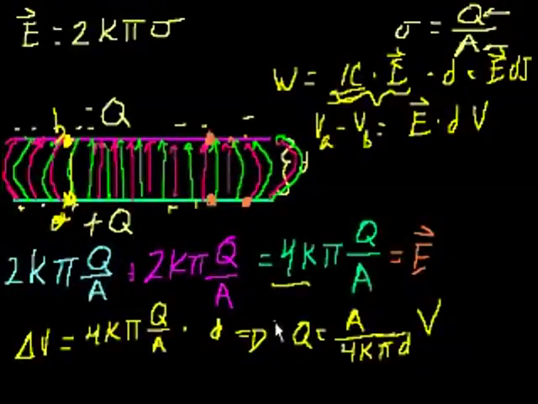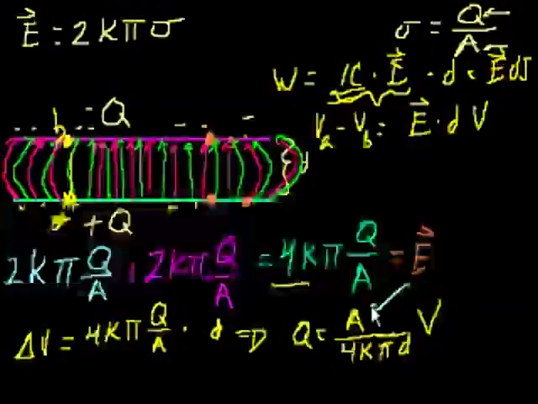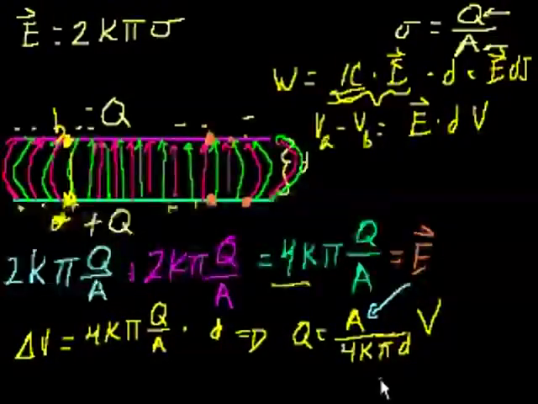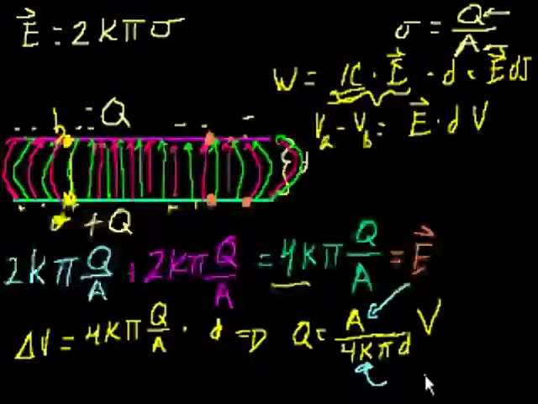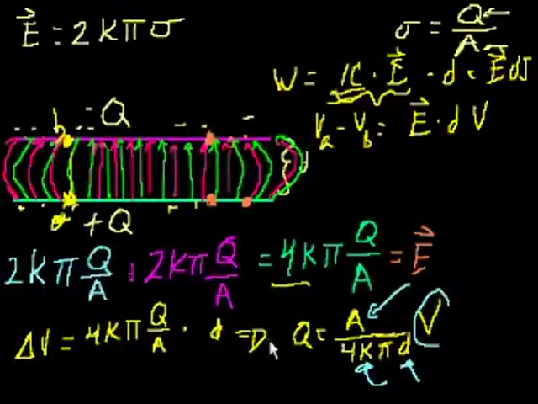And why is this interesting? Why did I go through all of this work to get to this relationship? Well, if we assume that the area of the plates isn't changing, that's a constant. And if we assume that the distance between the plates doesn't change, what we see is that there's a proportional relationship between the voltage and the amount of charge in the combined charge in the plates.